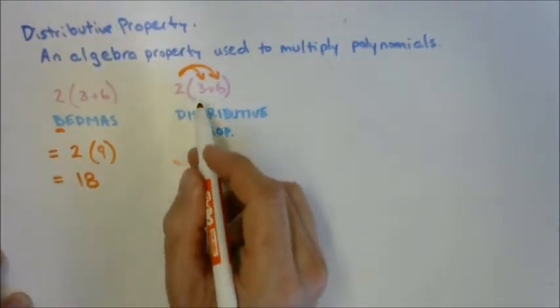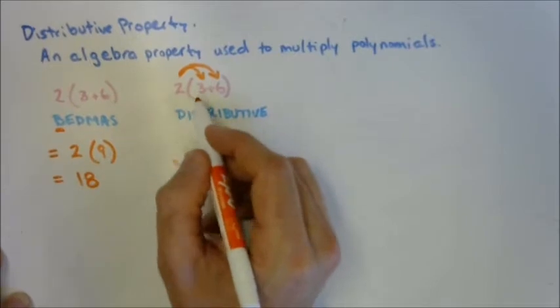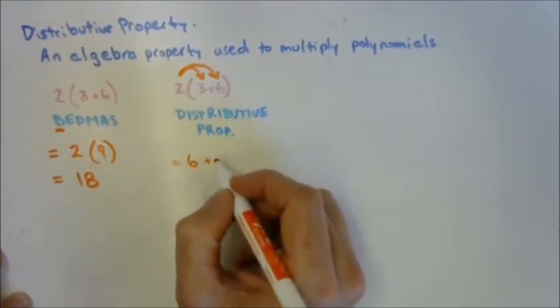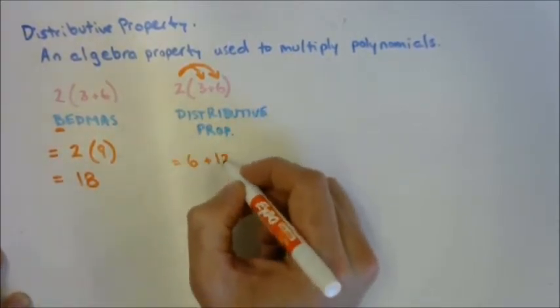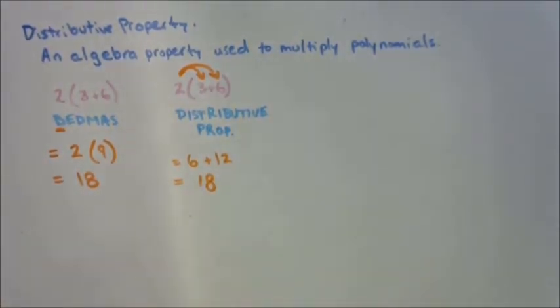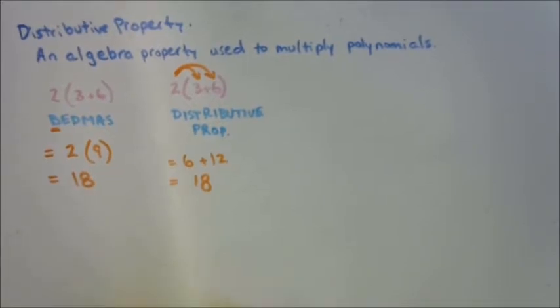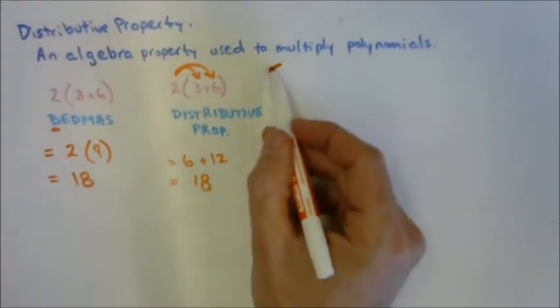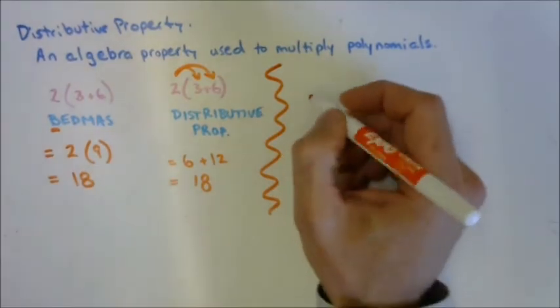So 2 times 3 plus 6 means we're doing 2 times 3, which is 6, plus 2 times 6, which is 12, which equals 18. Did we get the same answer both ways? Yes, we did.